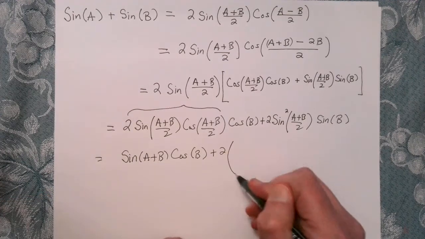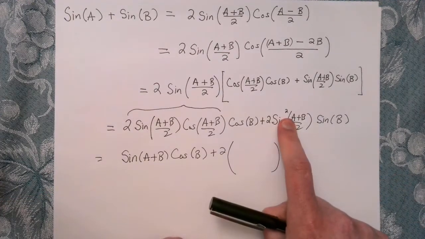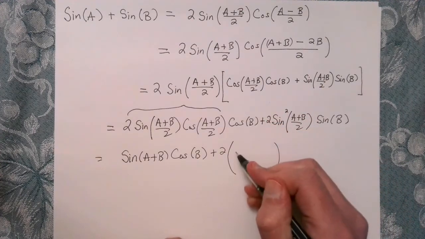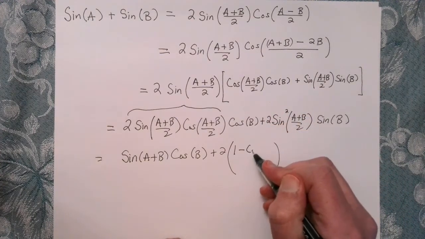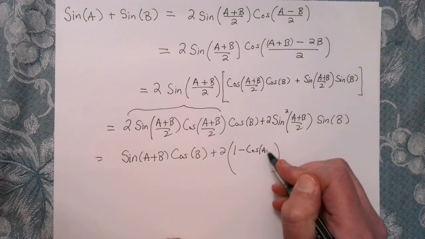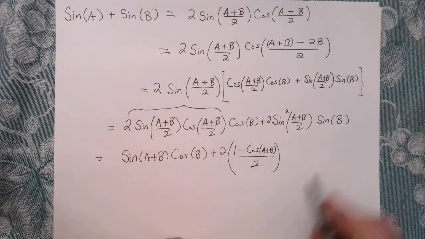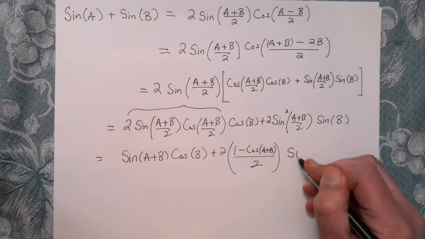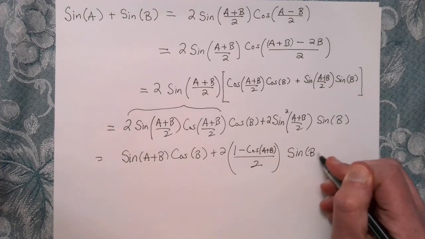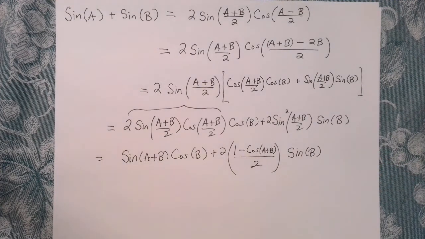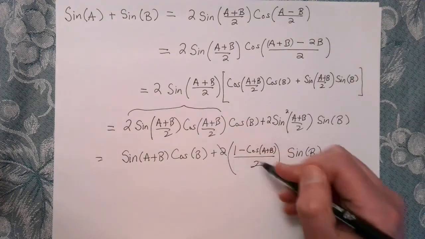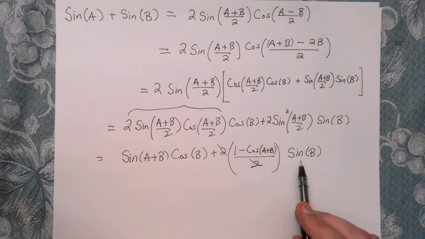Plus 2 times, again by the power reducing formula right here, this should be 1 minus cosine of 2 times the angle, all over 2, times the sine of b. I'm feeling pretty good about that. It looks like the 2's will cancel, and then we can distribute the sine of b.